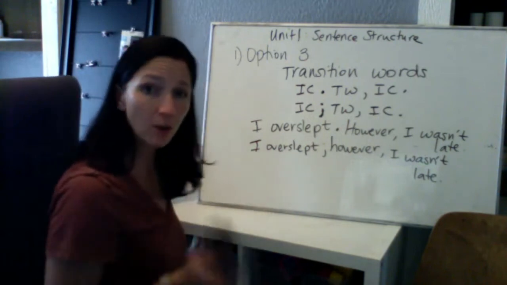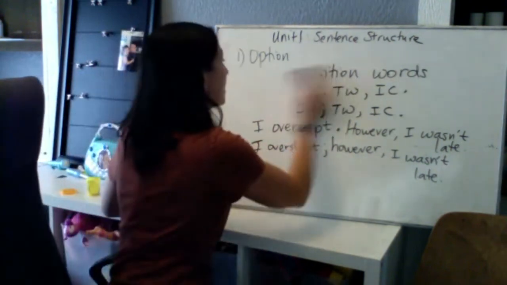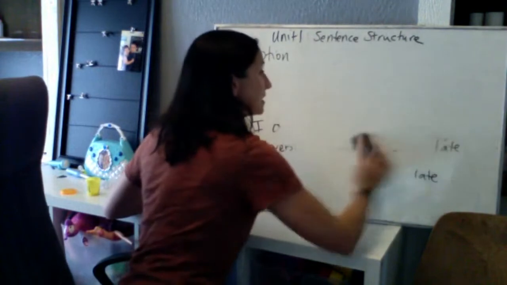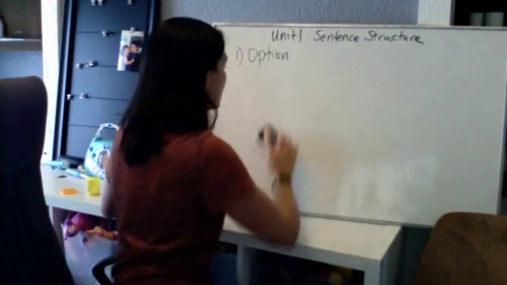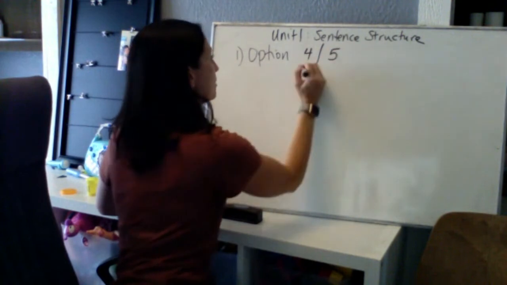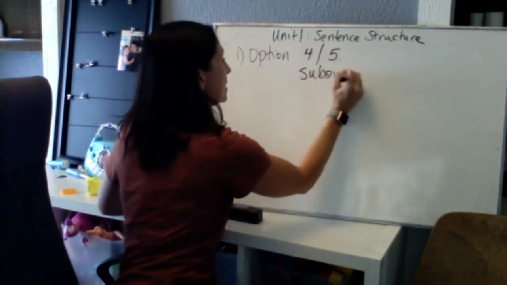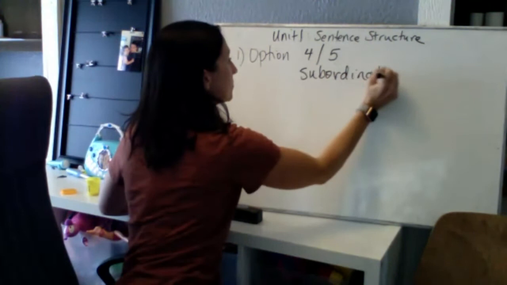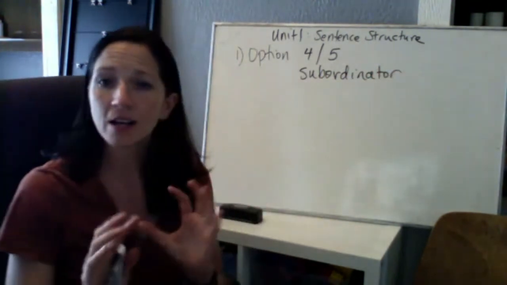Now in option 4, we went a little deeper and we started talking about complex sentences. And complex sentences, we know, include a subordinator. And so this is options 4 and 5. And now we have the idea of subordinators. What is a subordinator?